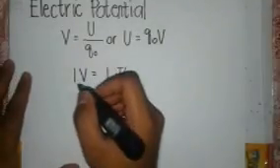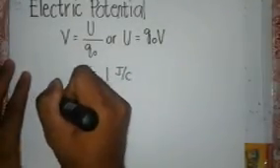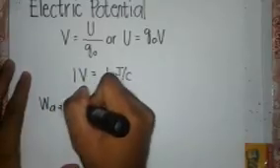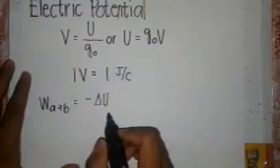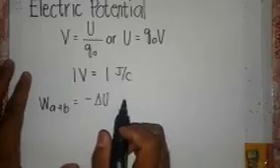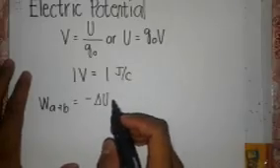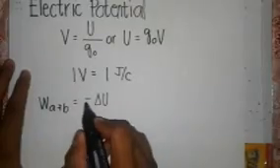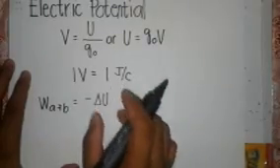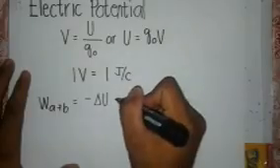So let's take this equation, which equates the work done by the electric force during a displacement from A to B to the negative change in potential energy.